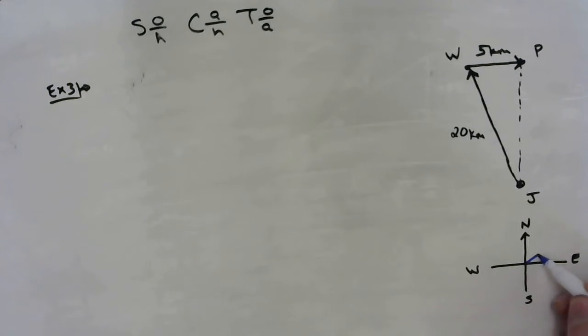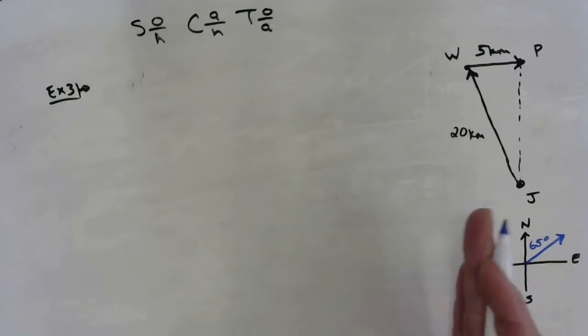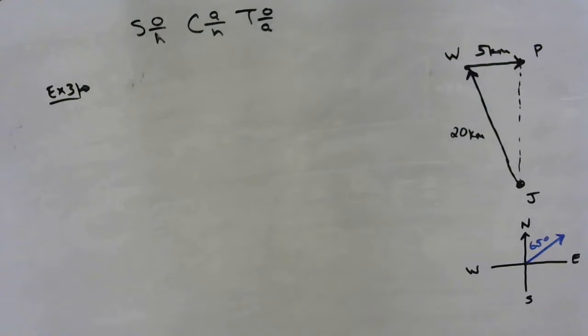We have just north. So let's say that we wanted to head 65 degrees east of north. So if not north, but you're going to turn 65 degrees toward east and then start going. Okay?